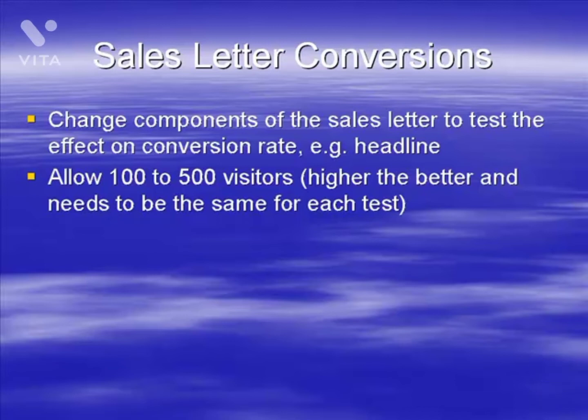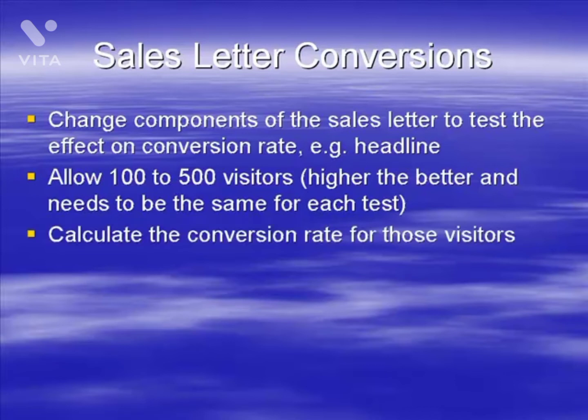So if in your first test you do 300 visitors, every test you want roughly 300 visitors, give or take a very small percentage, and you work out the conversion rate for every single test. So each time you drive 300 visitors or 500 visitors, whatever it might be, you calculate the conversion rate for that number of visitors, no others, and that tells you whether your conversion rate has increased or decreased from the change that you've made.